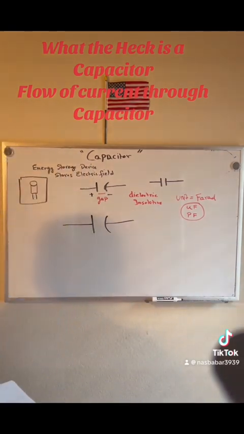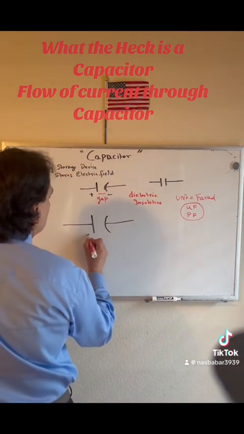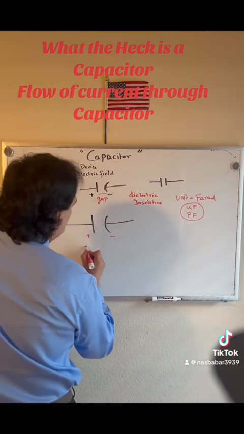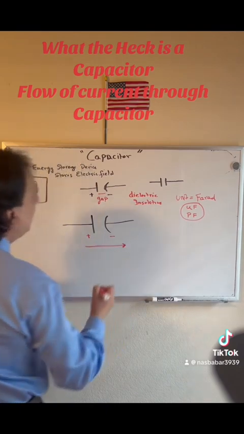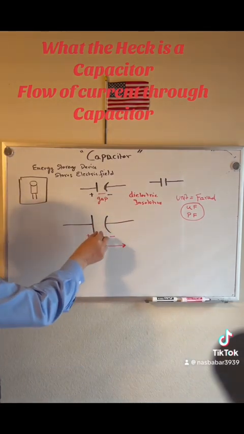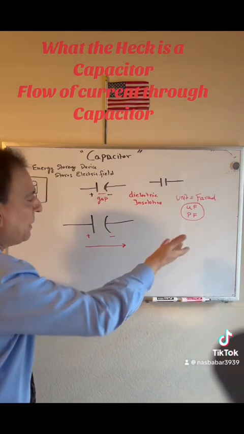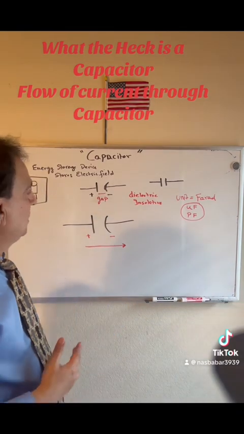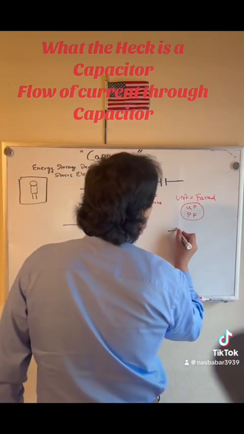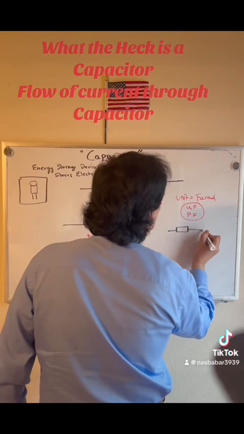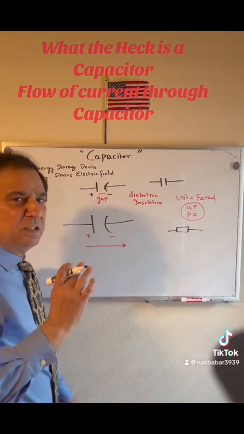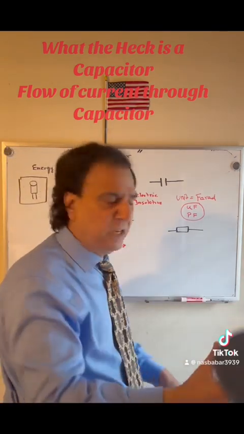Now, back to the capacitor. You have plus and you have minus, and the assumption is that current is going this way. Now let me ask you this. I just told you there is insulation in between, so how is the current going to pass? That's a valid question. In the case of a resistor, current still can pass because the material is resisting the current but not blocking it.